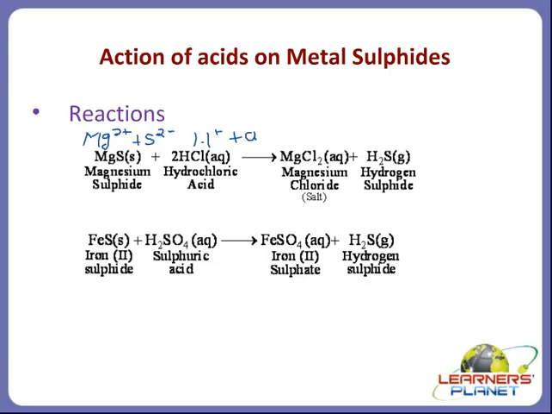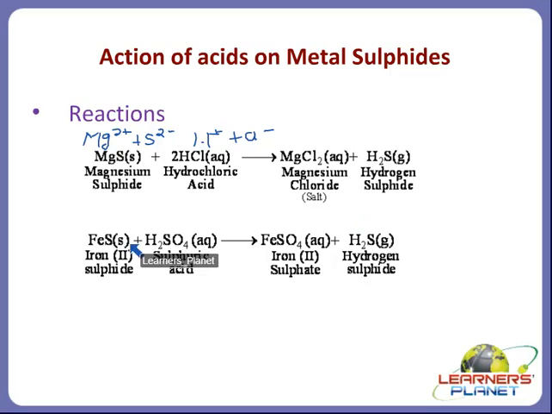H plus and Cl minus. Fine. What will be your products formed? Mg will react with Cl, forming MgCl2. H plus will react with sulfide ion, forming H2S.